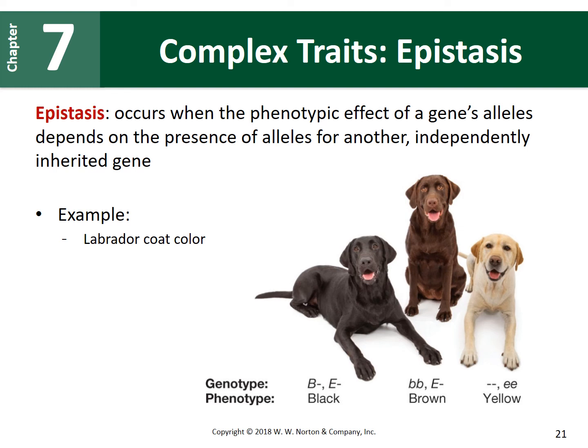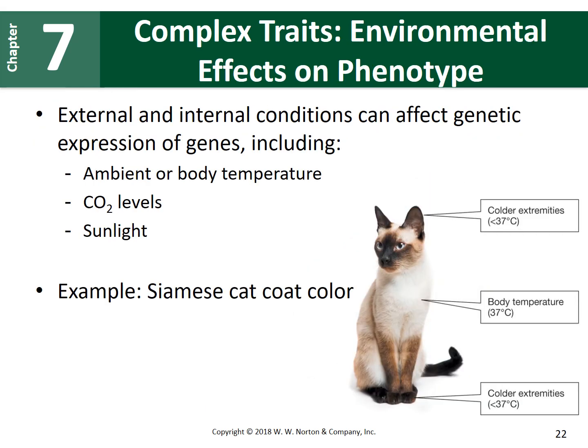So looking at the different genotypes, it can explain or add more variation. We can have black labs, brown labs, and yellow labs, depending on the genotype of 2 different genes and how they will interact with each other.